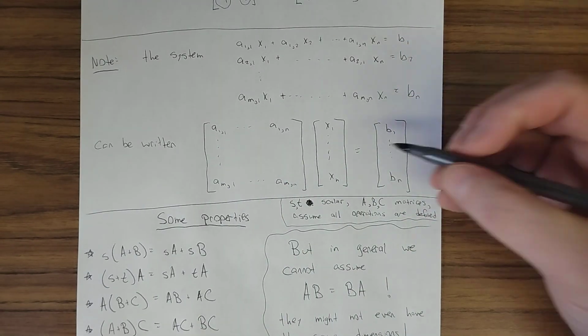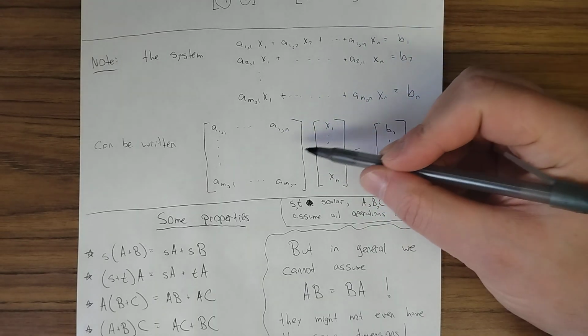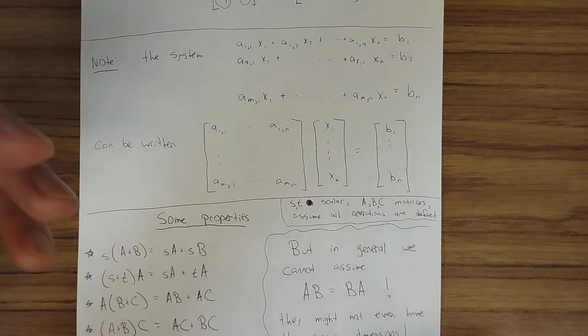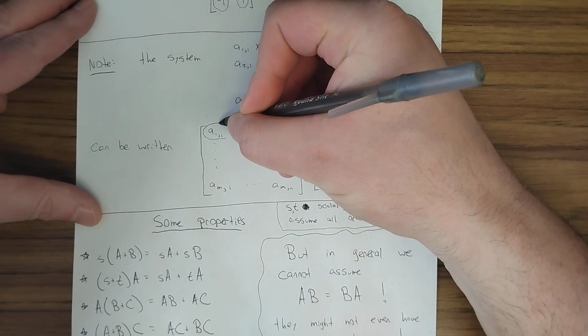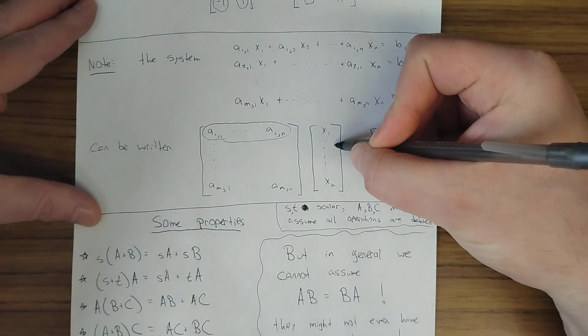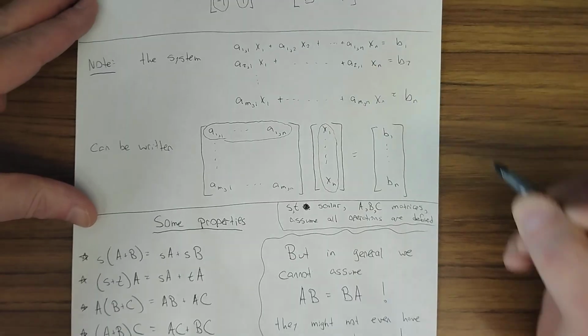This equation, which involves matrix multiplication, that's why I'm putting these right next to each other. So I claim that this equation says the same thing. And why does it? Well, how do I do matrix multiplication? I go across the rows of this and down the columns. Of course, this one only has one column.